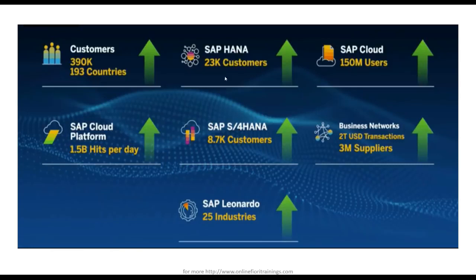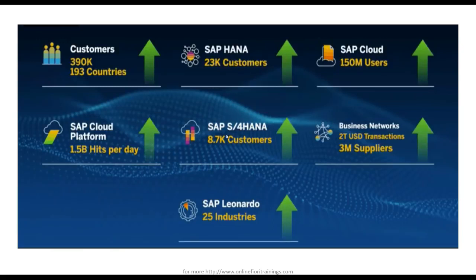Already their database, the so-called in-memory database, we will also be discussing in a minute. The SAP HANA has 20K customers already with live implementation. SAP Cloud serving 150 million users at this point of time. And they also have a cloud platform called SAP Cloud Platform, which has 1.5 billion hits a day.